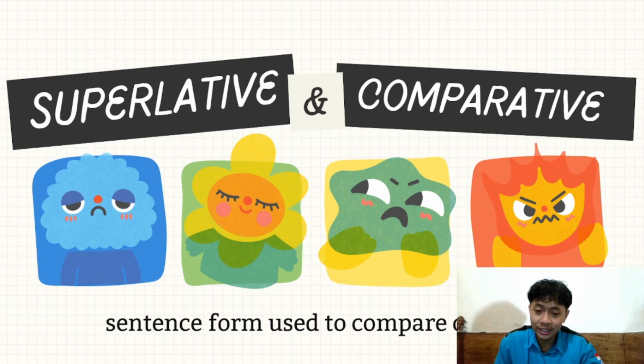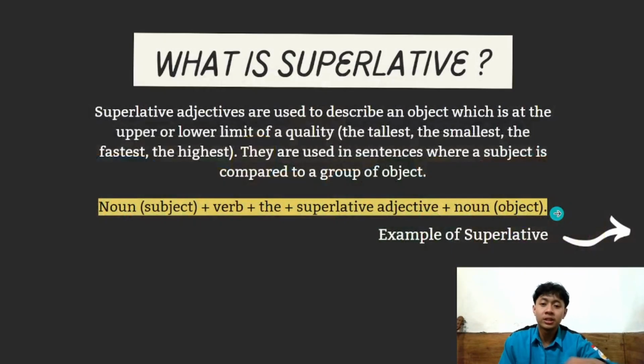So let's get started. The first is, what is superlative? Superlative adjectives are used to describe an object which is at the upper or lower limit of a quality. For example, the tallest, the smallest, the fastest, and the highest.